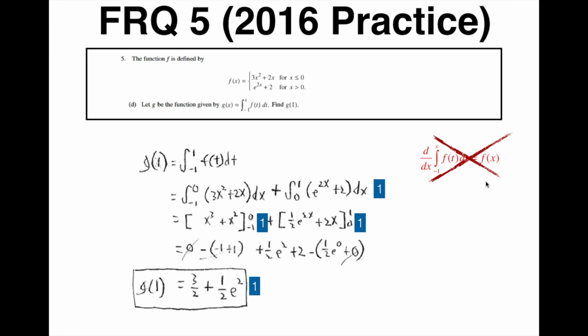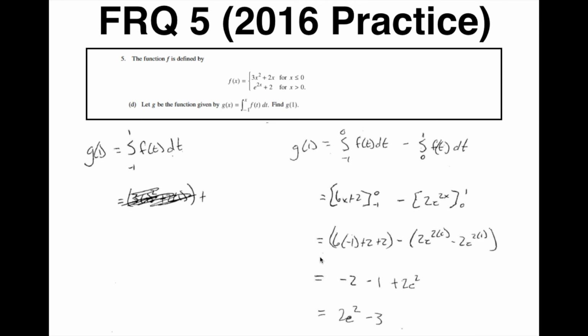Be careful, this is something entirely different that is totally unrelated to the question here. Had the question been find g prime of 1, then yes, we're looking for the derivative, so the derivative of this. But definitely don't mix up things that are completely unrelated.